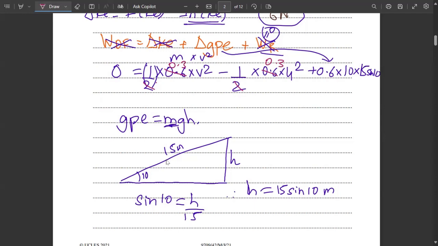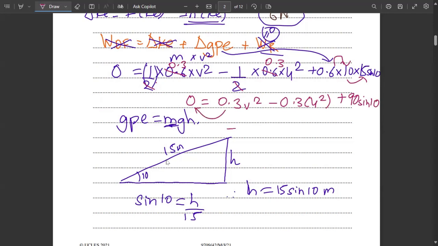So therefore 0 is equal to 0.3 v square minus 0.3 into 4 square plus 6 into 15. 0.6 into 10 will be 6, and 6 into 15 is 90. So 90 sin 10.